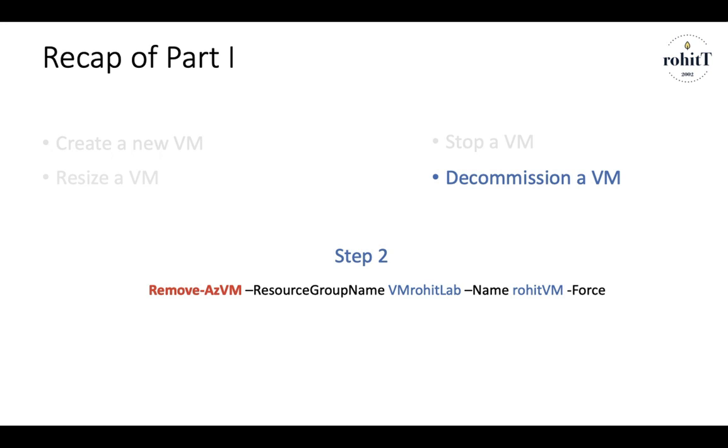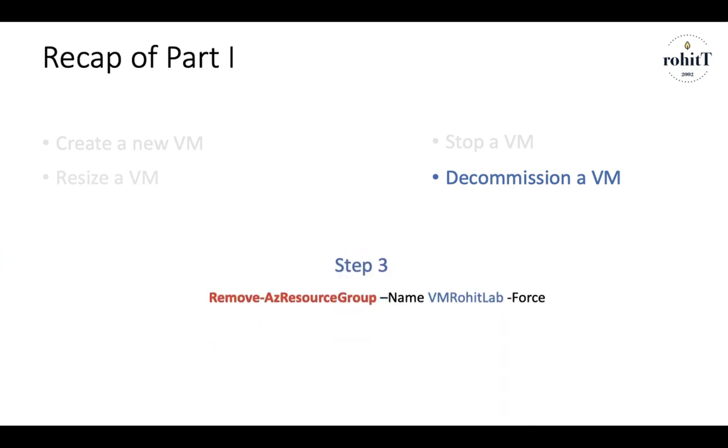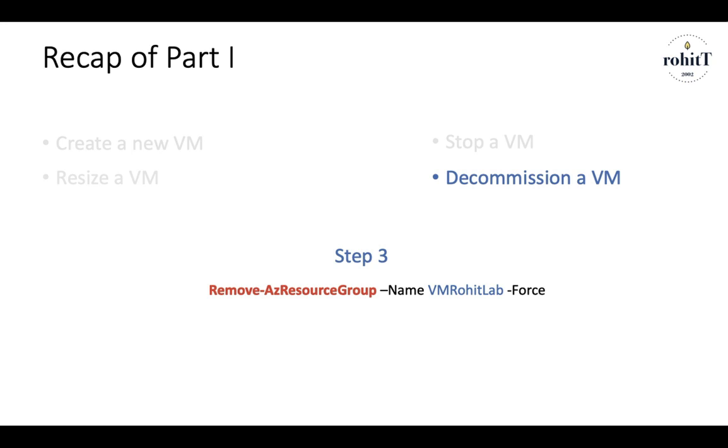If you want to remove the entire resource group where this particular virtual machine and the other associated resources were stored, then you need to use this command, remove -az resource group, specify the name of the resource group, and then -force.